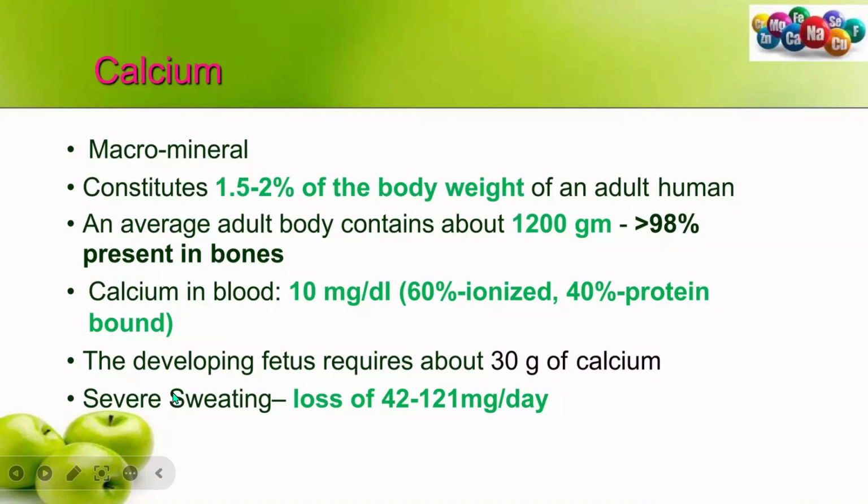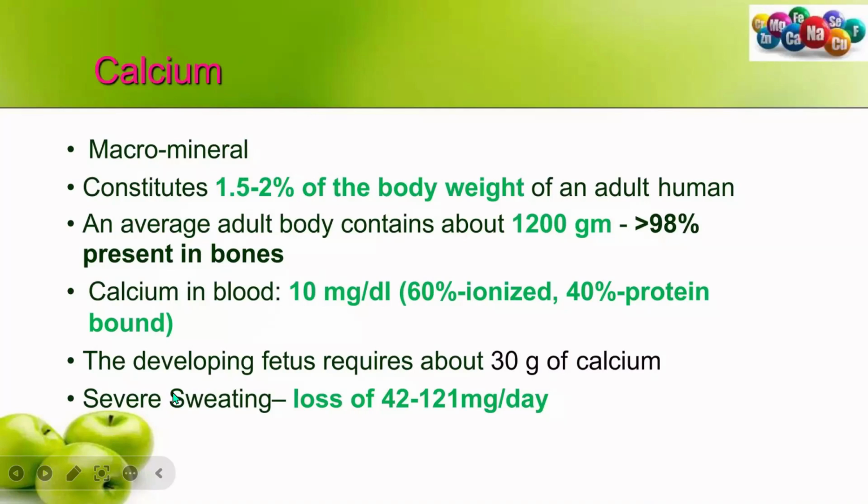So it means that if you measure the calcium in the blood and you realize that its amount is less than 10, that is what describes hypocalcemia, when it is below 10 milligram per dl, and when it is above, it is of course hypercalcemia.